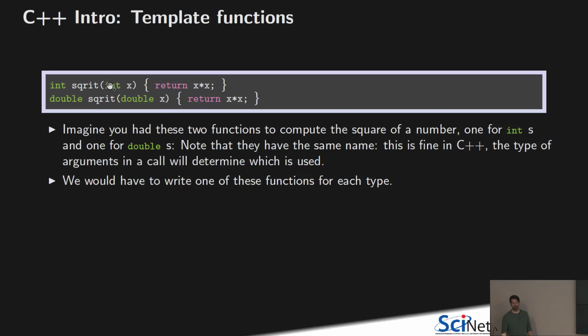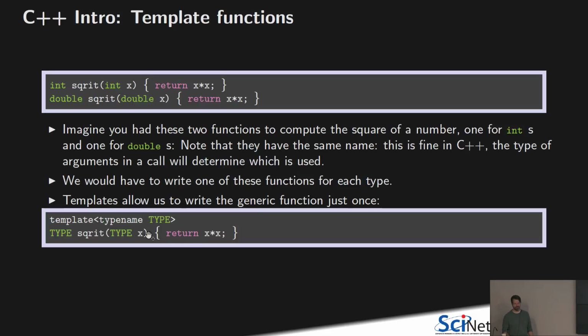And you can imagine that I might want to do this for single precision, or for other variables, complex numbers, etc. So there's a way to write this once by using a generic function in which we've replaced the type by capital Type. To do that, you have to say that this type is going to be a placeholder. That's this template typename. And you just have the code once.